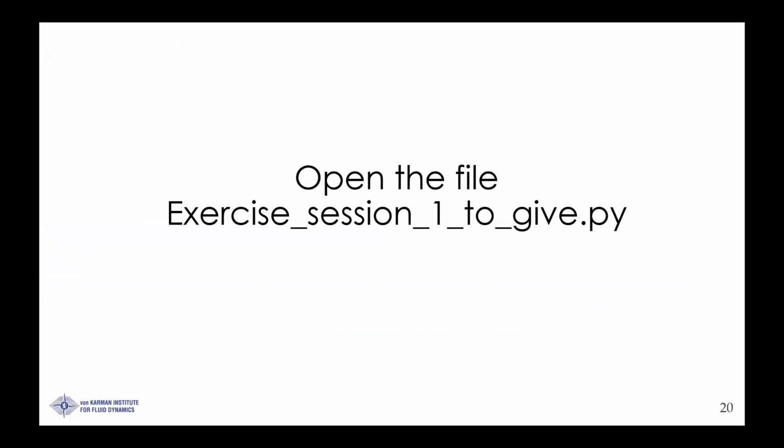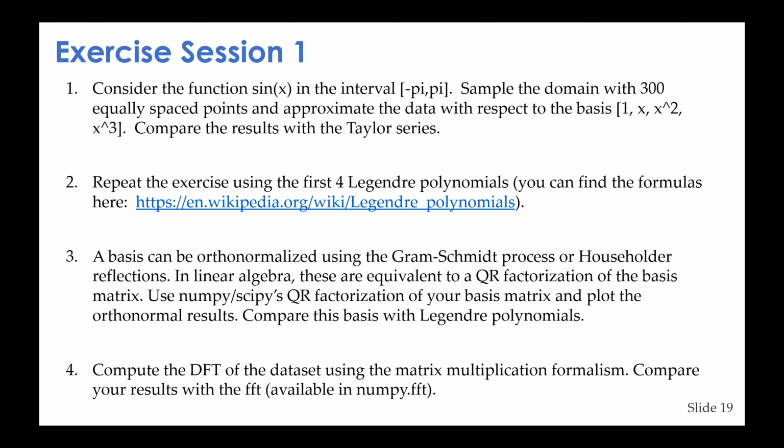So these exercises are in the Python exercise session 1. Normally if you run this code, it will not work because it's full of holes and you have to fill this code. There will be 4 questions, which are the following one.